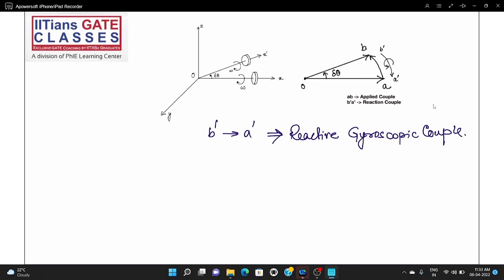From B dash to A dash, you have the reactive gyroscopic couple by Newton's third law of motion.